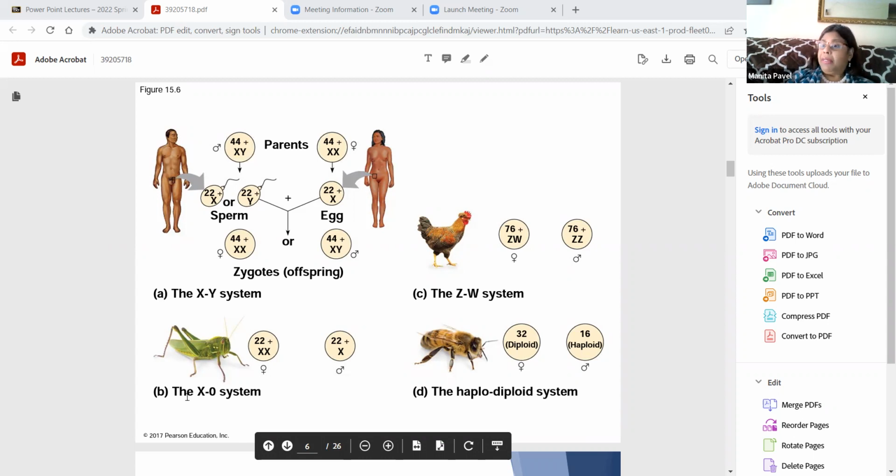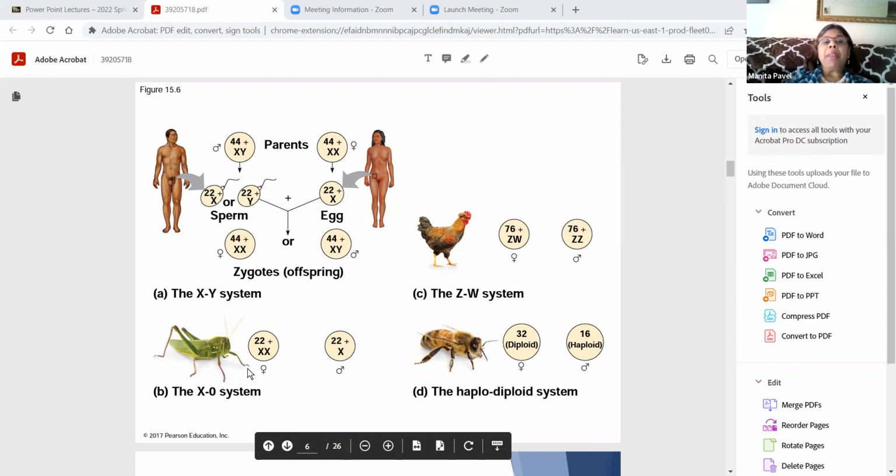Let's go to the next system, which you see in grasshoppers. It's called the XO system. So we see in the XO system that they have 23 pairs again. They have 22 and 1 pair, which is 23. The males would have 1 X, and that's why they have a missing chromosome, which is called the XO system, and the females will have XX.